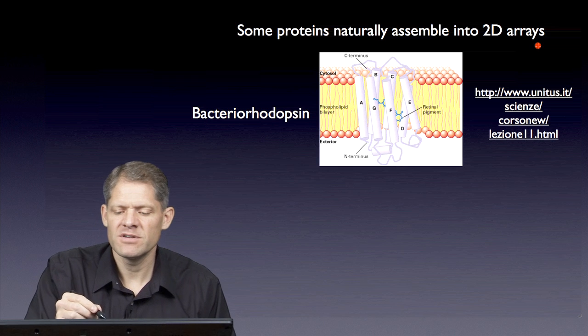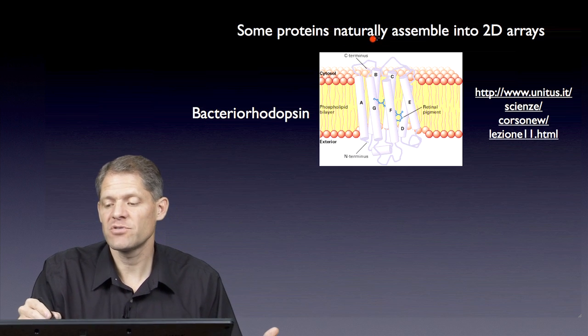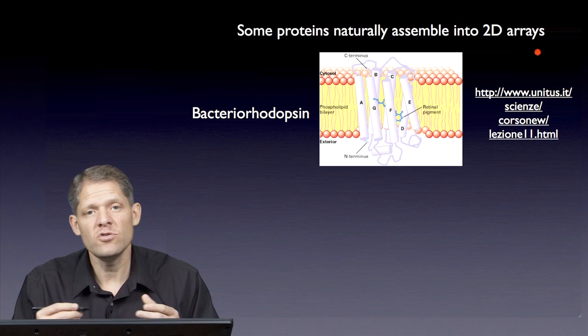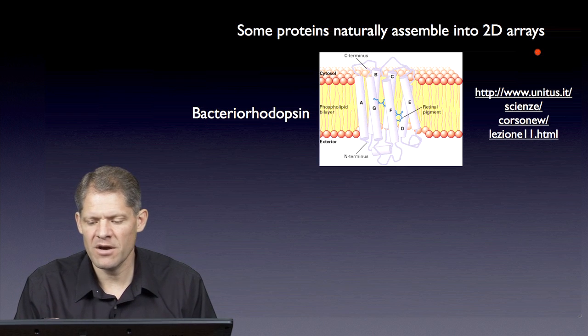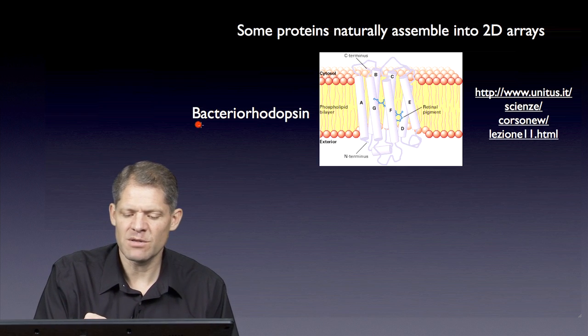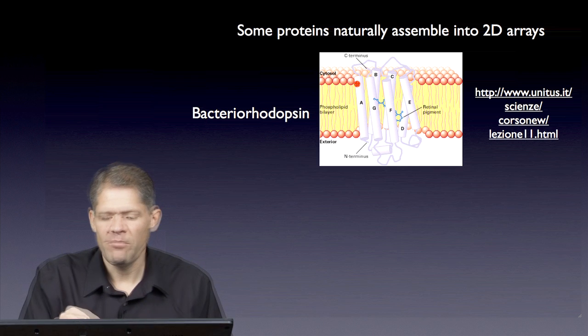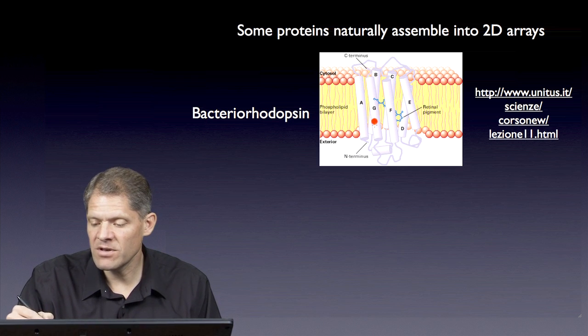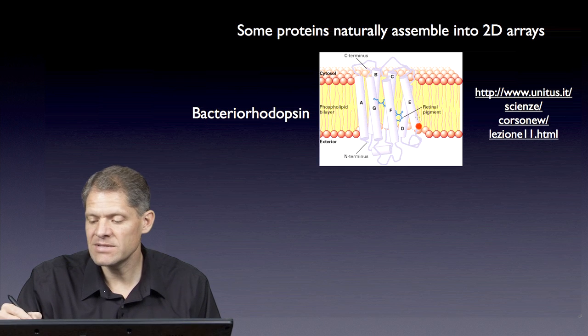So part of the answer is that some proteins naturally assemble into 2D arrays that are immediately useful for 2D crystallography. An example of this is the protein bacteriorhodopsin. Bacteriorhodopsin is an integral membrane protein with 7 transmembrane helices.